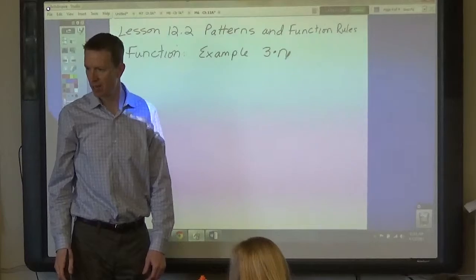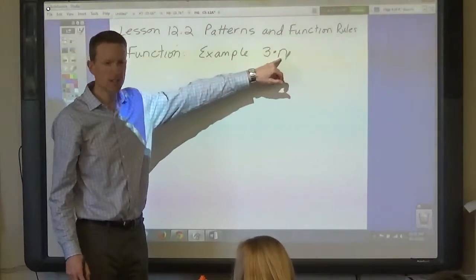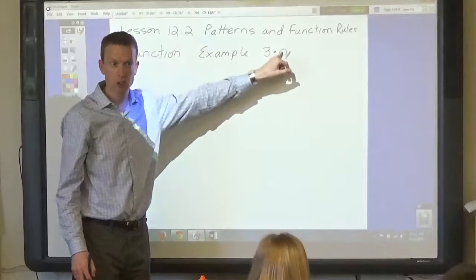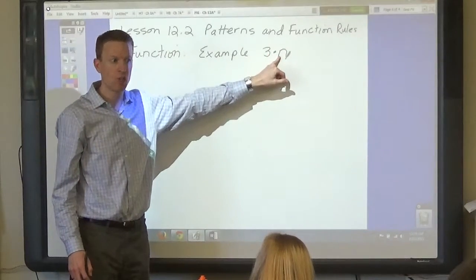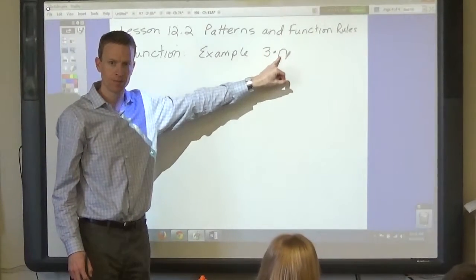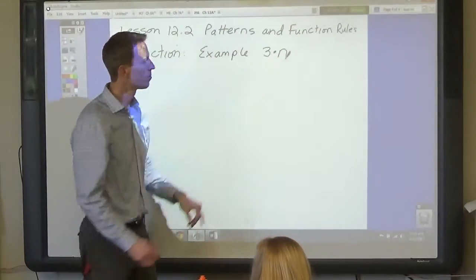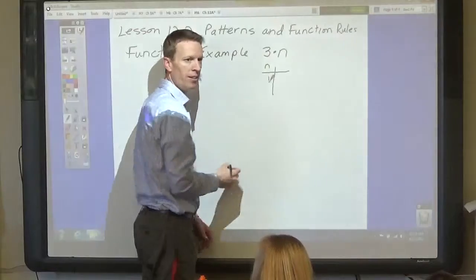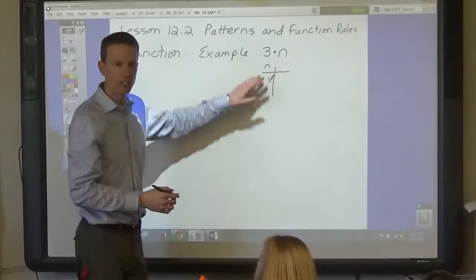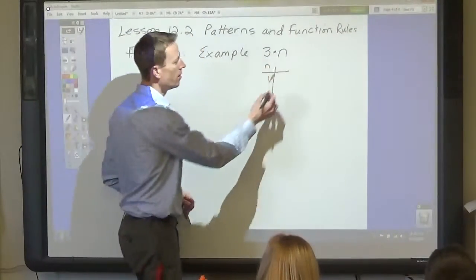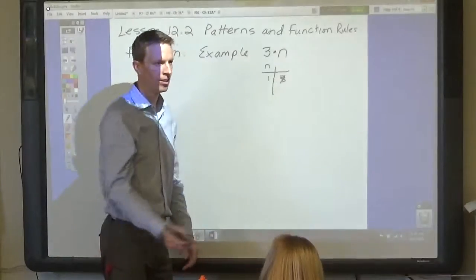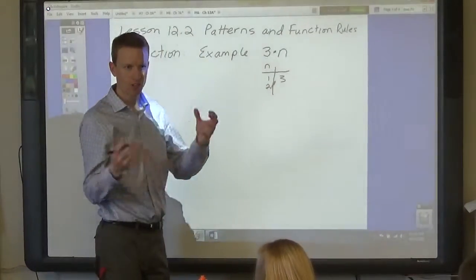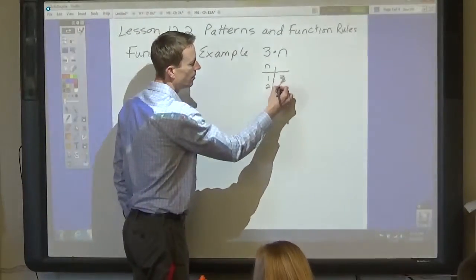Whatever n is, if you put it into this expression, you get an answer. If n is 1, the result of the function is 3. If n is 2, the result of the function is 6.